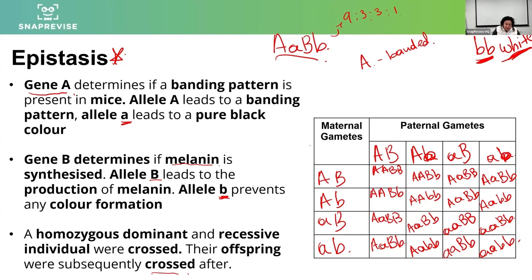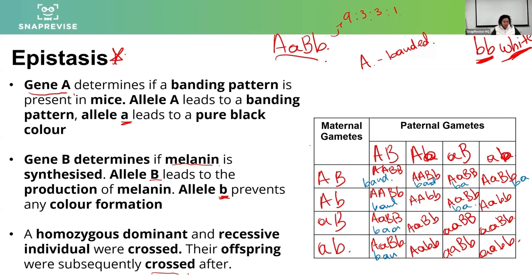So this individual here is A, so they're banded, and because they have the dominant gene for creating melanin, they'll be banded. Banded, banded, banded, banded, and banded, and banded. And also here, banded.